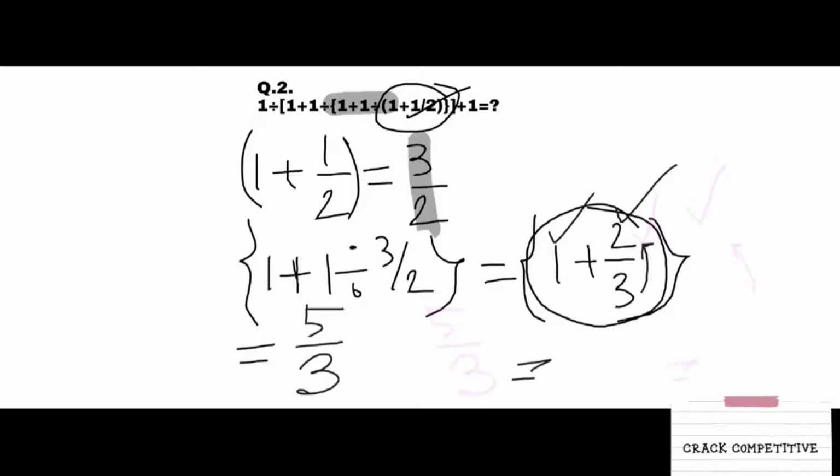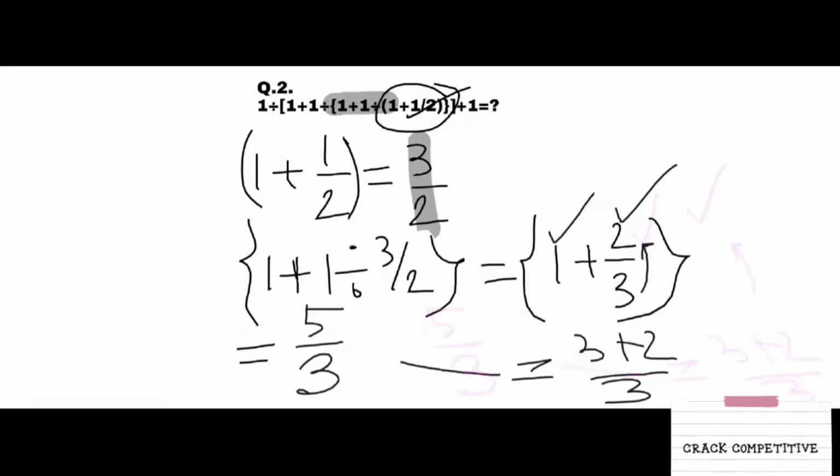Many people, what do students do? They just write, okay, just clear this. I'm just clearing this part. What does a normal student do? 3 plus 2 by 3, and then comes this.